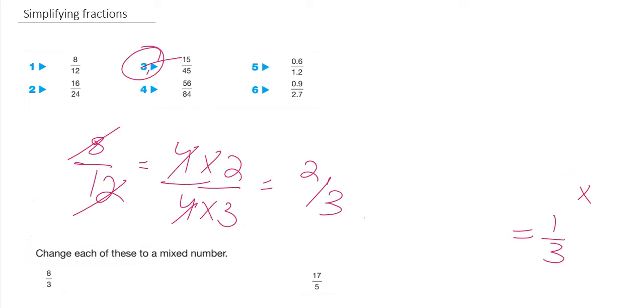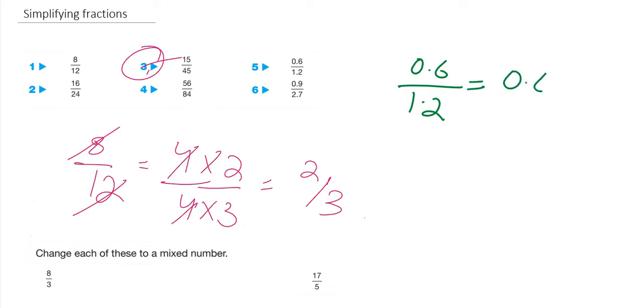So let's take another example with the decimal fraction and decimal digits. 0.6/1.2. Okay, first of all, we need to convert them into simple digits. We will just multiply it by 10 and divide it by 10.